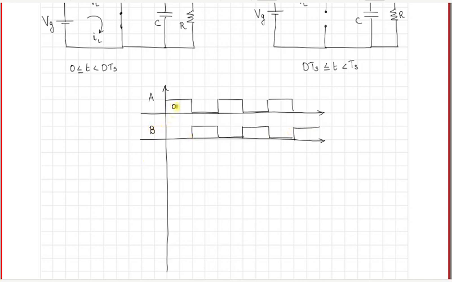This is the on duration for switch A, and this is the on duration for switch B. What we draw next is the voltage across the inductor. So let us do that here.